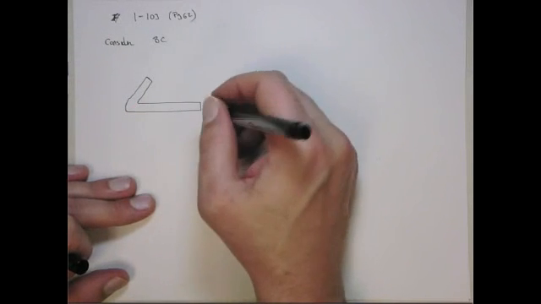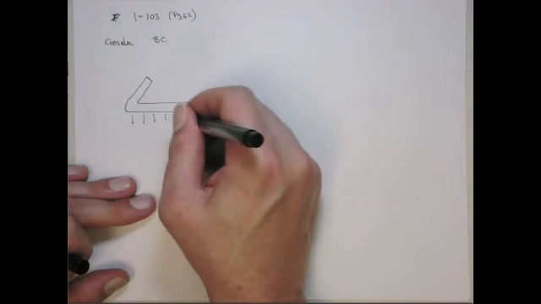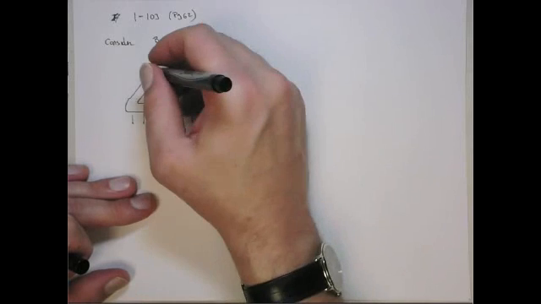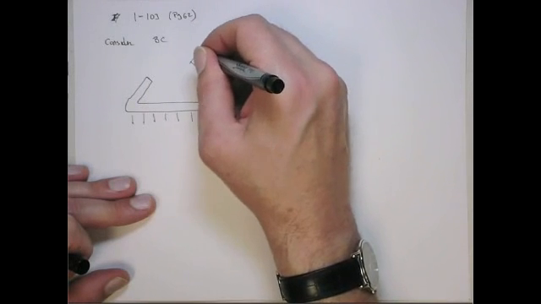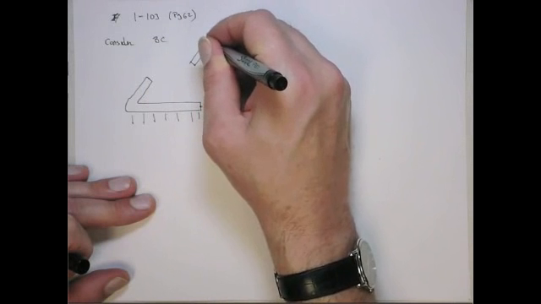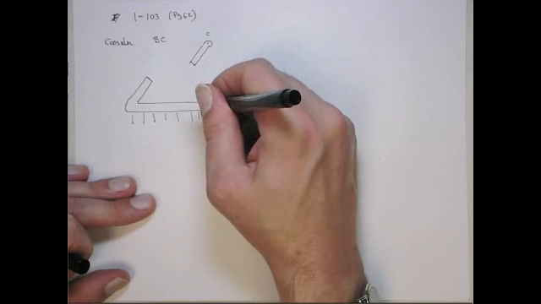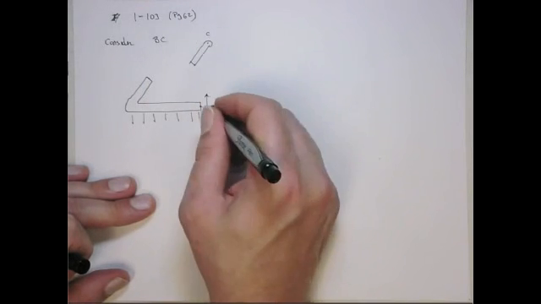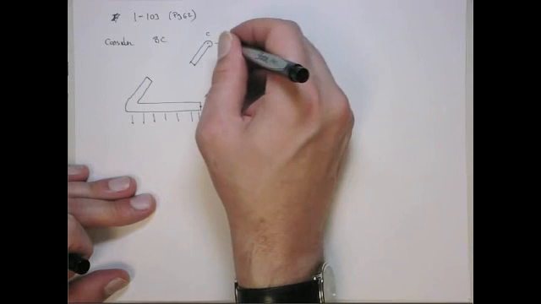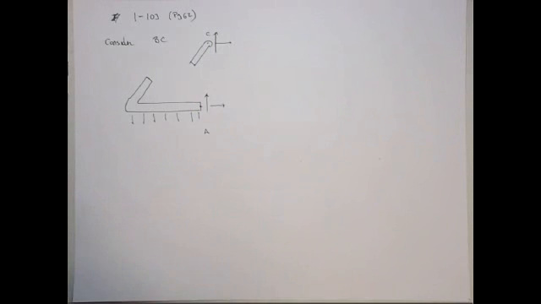But I need to know something about the reaction loads, whether I consider this one or this one. This is the one that's sort of at the top. This would be point C. This is point A. At both A and C, we allow for pin types of reaction forces. Okay?